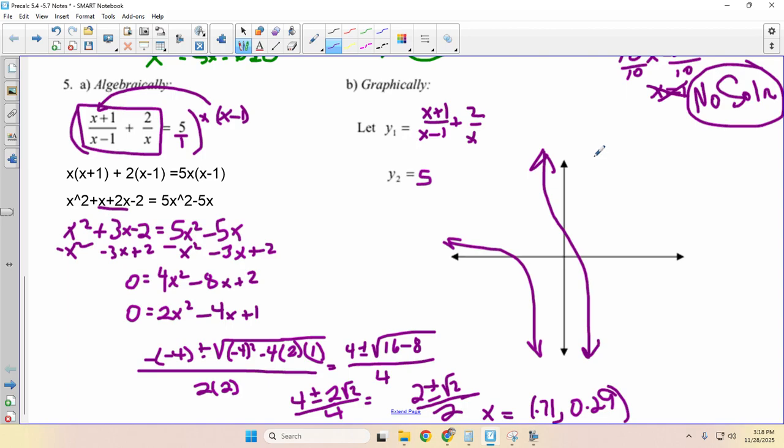And we have this guy here. Y equals 5 looks something like this. Got my location a little bit wrong, but you'll forgive me. So it crosses at 0.29 comma 5 and at 1.71 comma 5.